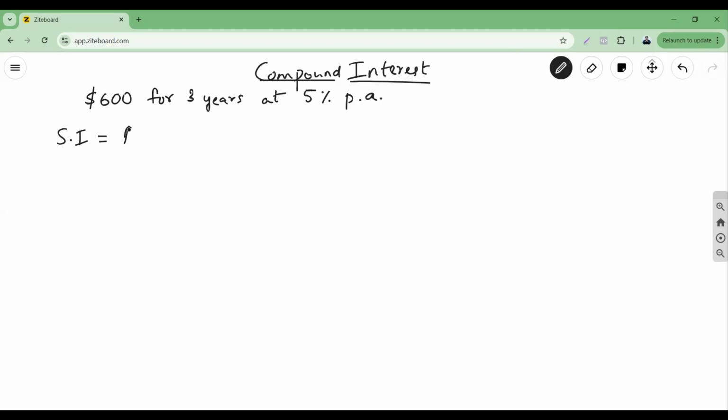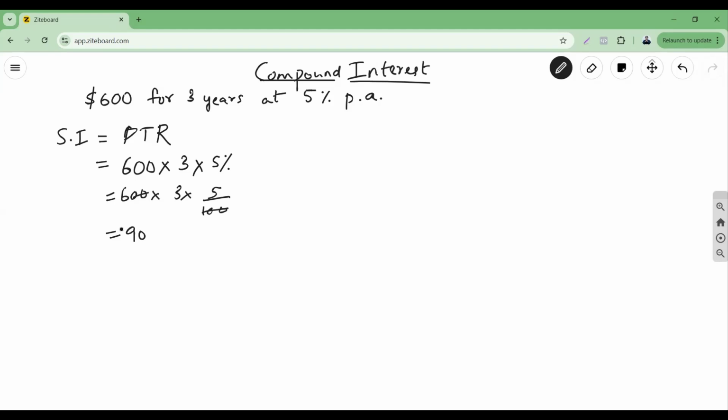How do we calculate that? We know it is PTR, right? Principal, time period, and rate. So the principal is 600, the time period in years is 3, and the rate of interest is per annum, that is per year, so it is 5%. If we calculate that, 6 times 5 is 30, 30 times 3 is 90.